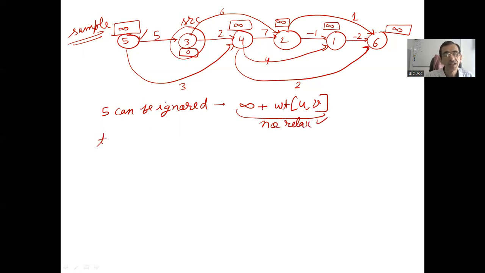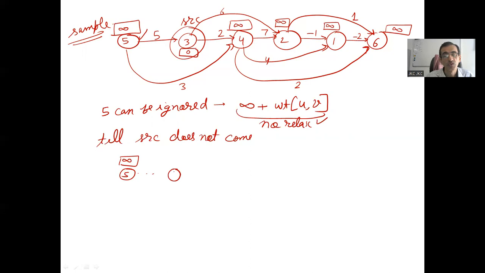So till your source doesn't come, I can ignore also. The vertices may be ignored. Even if I don't ignore, I can probably just apply relax without resulting in anything. So initially, effectively, this vertex 5 will remain as it is with infinity. Nothing else will be done, whatever happens.